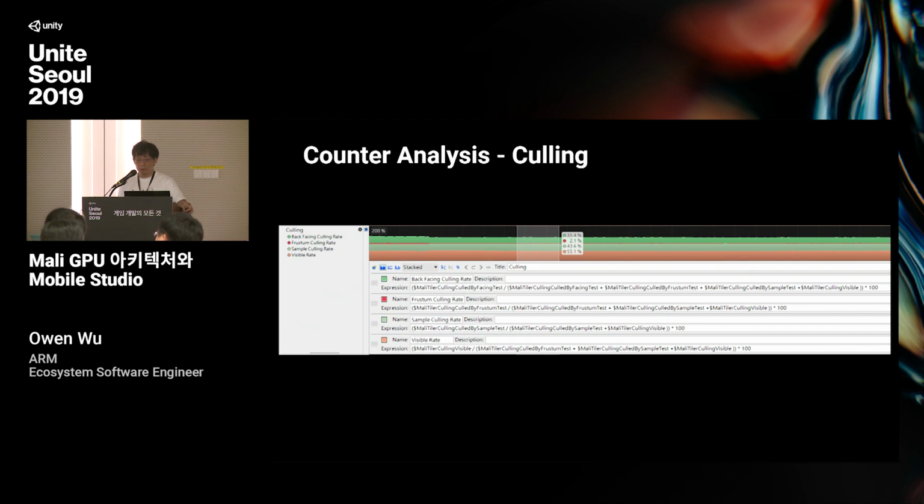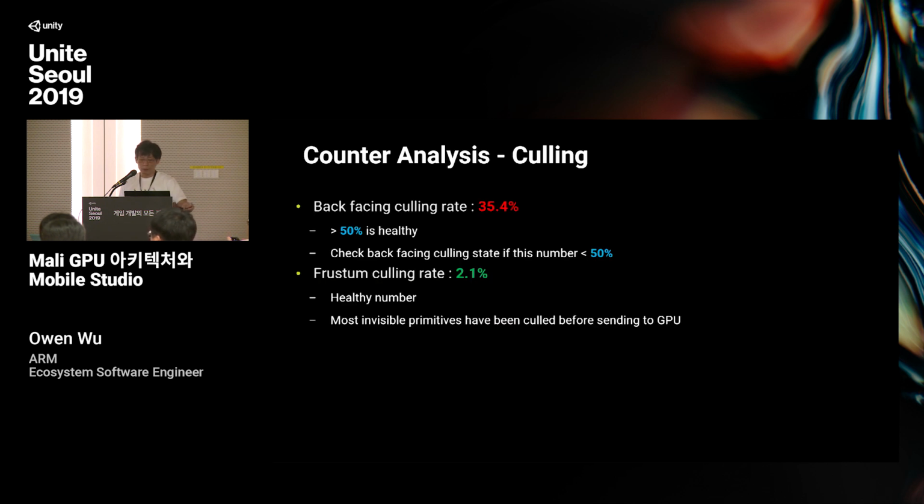So this one is about culling. We can collect some numbers to know how the primitives have been culled before rasterization. We can get a back-facing culling rate here. Any number around 50% is healthy. Otherwise, the application may need to check the back-face culling setting.